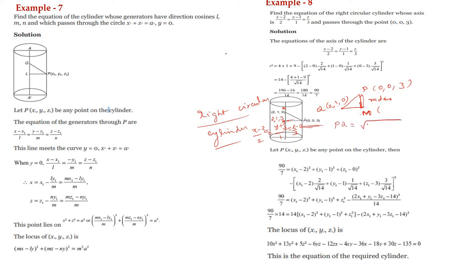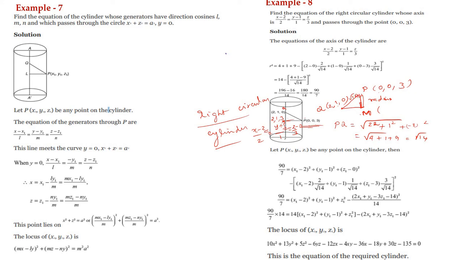It is 2 minus 0 the whole square, so 2 square, plus 1 minus 0 the whole square, so 1 square, plus 0 minus 3 the whole square, so minus 3 square. So you have the square root of 4 plus 1 plus 9, so root 14. That is our PQ.